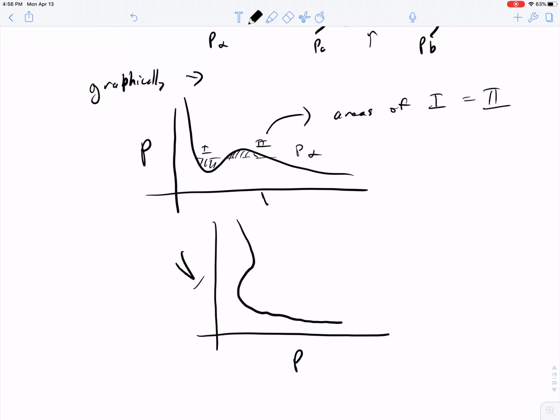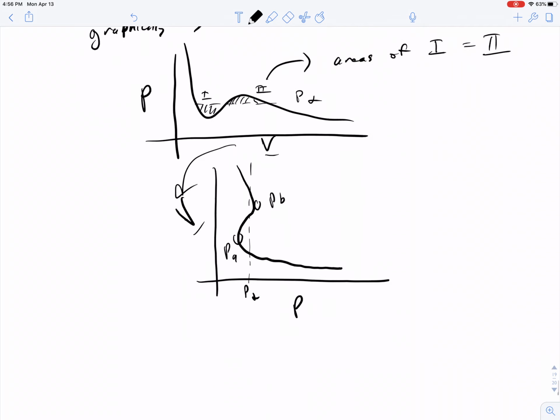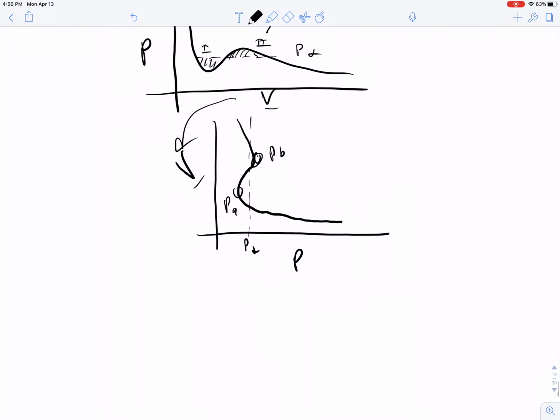We'd be flipping this initial graph on its head. And so then your P alpha term would be somewhere here. You'd have PB over here and PA over here. So this is why this calculation is a challenge, because you're trying to integrate something that's not really a function.